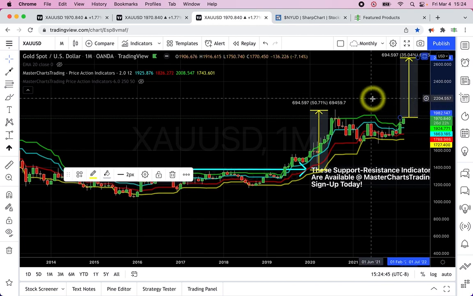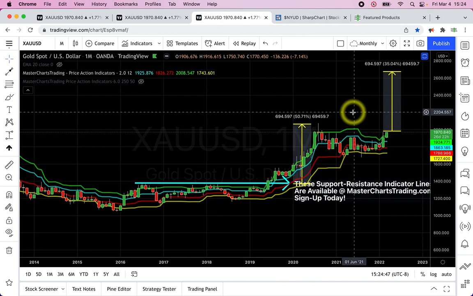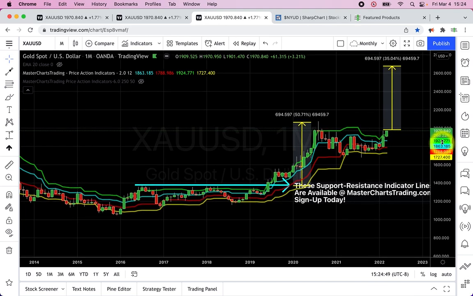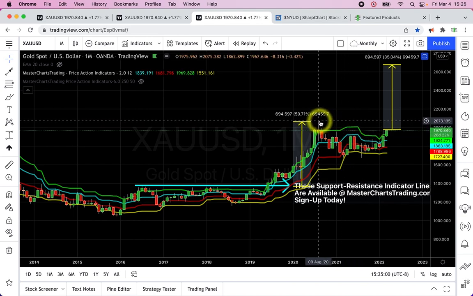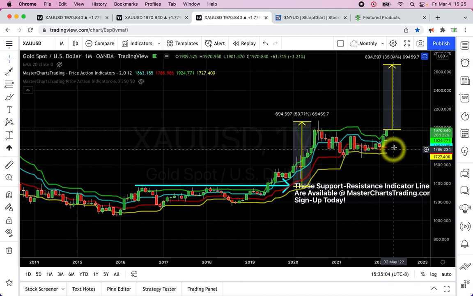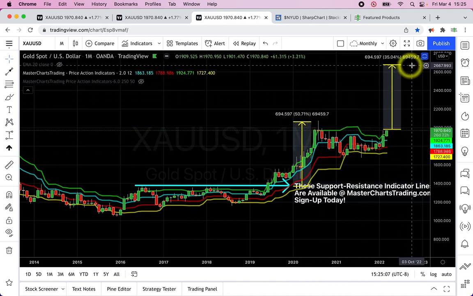before it stops. So we're looking at 2600 for gold easily, if we break above the August 2020 highs. Not necessarily immediately, but it could easily get there.